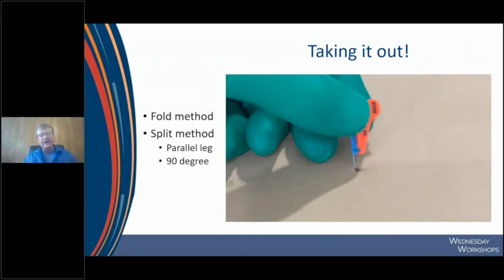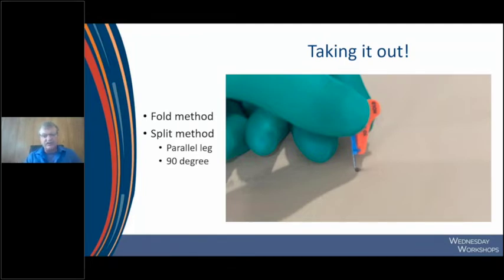The 90 degree is what I want to show you today, because this is the surefire way that you will minimize any type of risk of discomfort all the time with any type of removal. Some people do this all the time, but again, there's a little bit more involved because you've got to get the scissors out, you've got to cut it and whatnot.